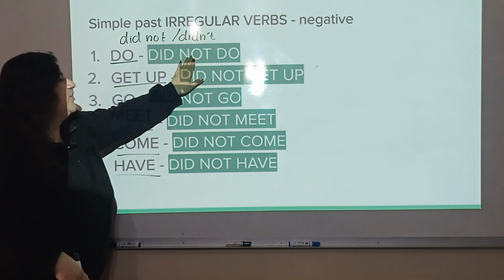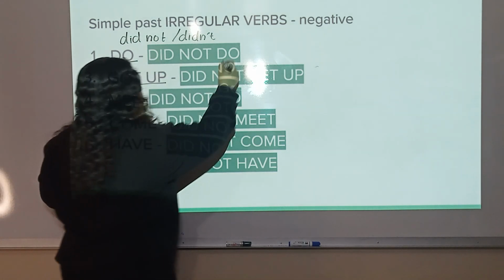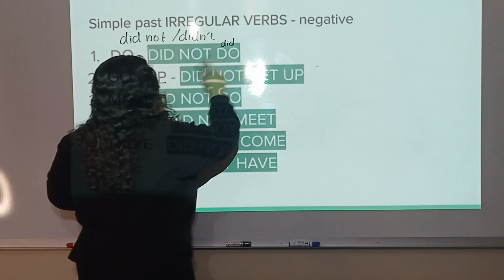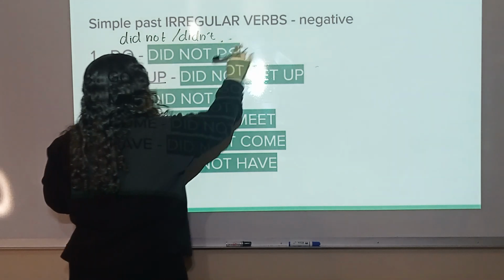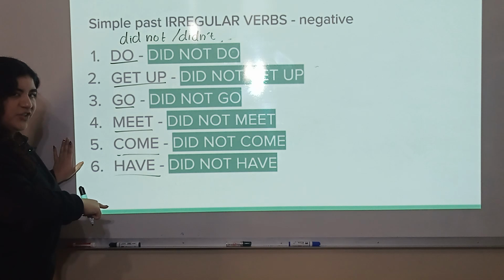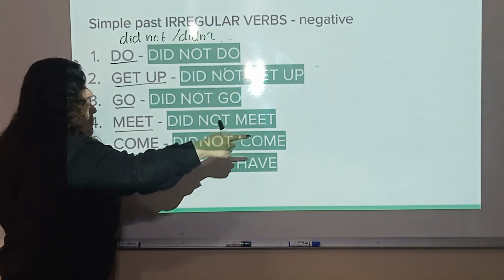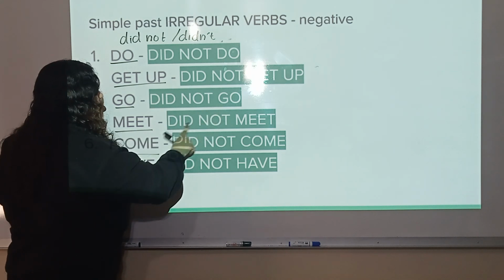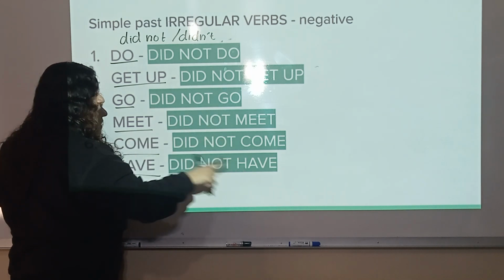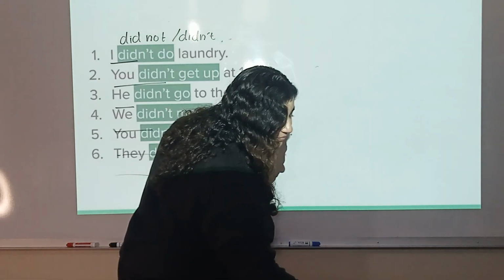So, did not do. Remember, there is a very common mistake to say did not did, but that is not correct. The verb has to stay in its original form. So, did not do, did not get up, did not go, did not meet, did not come, and did not have.